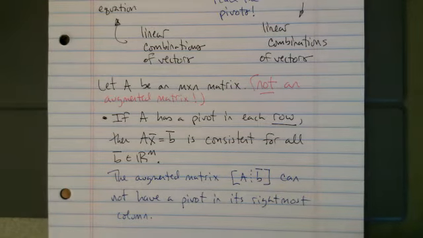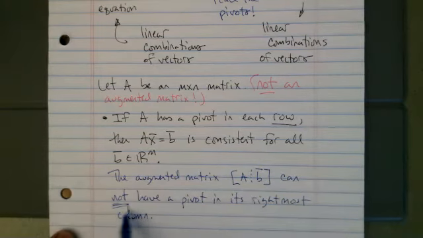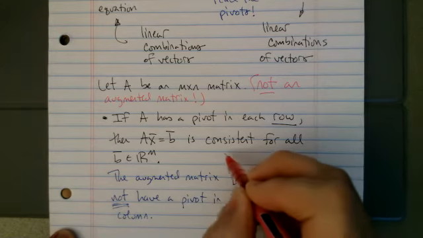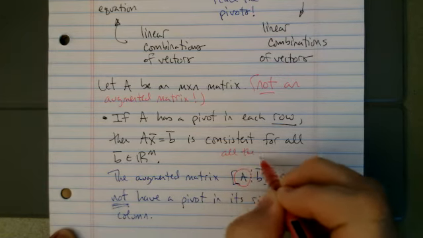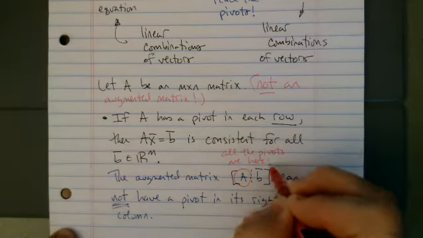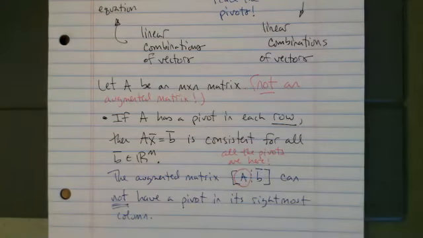So the reason that if A has a pivot in each row, the equation AX equals B is consistent for all B in Rm is that the augmented matrix A, B cannot have a pivot in its rightmost column because all the pivots are here. So we won't get a pivot in the rightmost column.